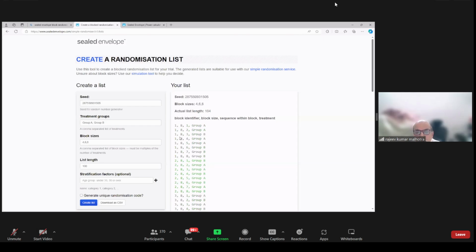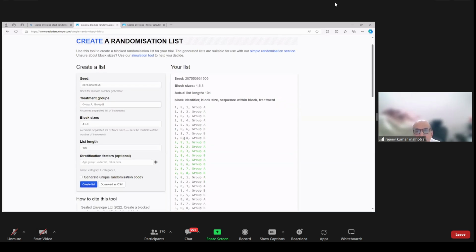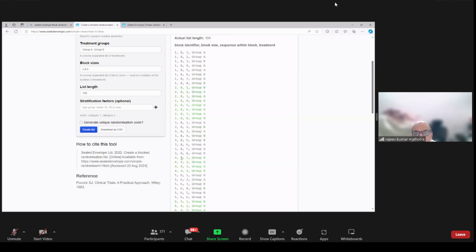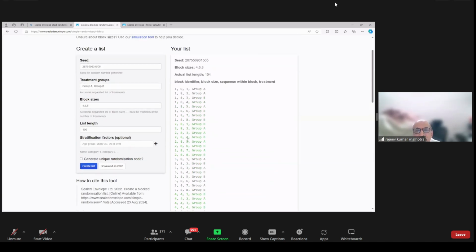Here the first block size is 8, with 4 in one group and 4 in the other. The second is also 8, 4 in one group and 4 in the other. Then the third block size is 4. So we have various block sizes here, and you can download this as CSV.